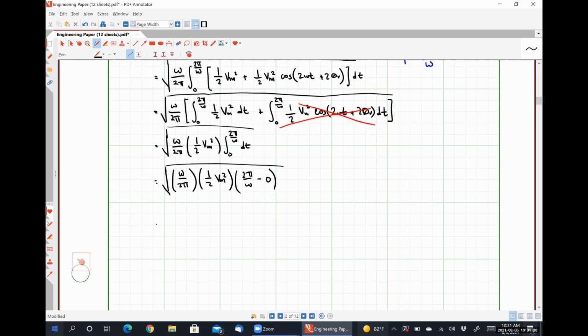That is going to look like Vm divided by the square root of 2.